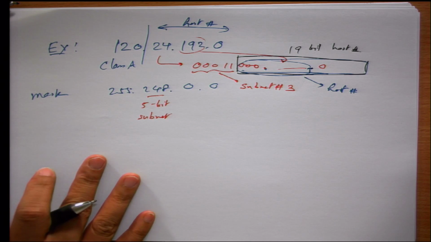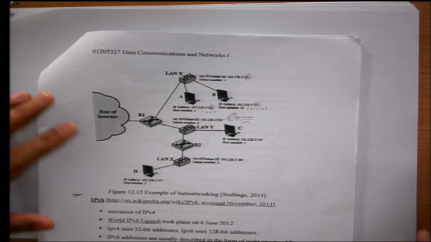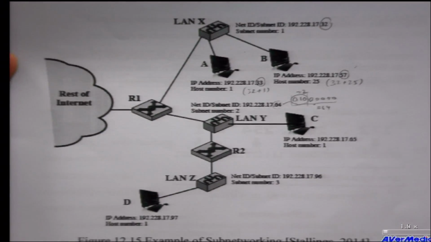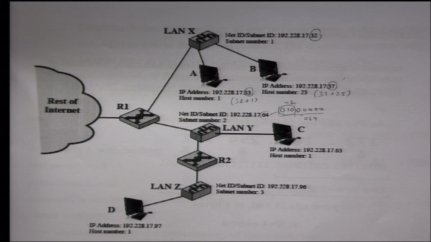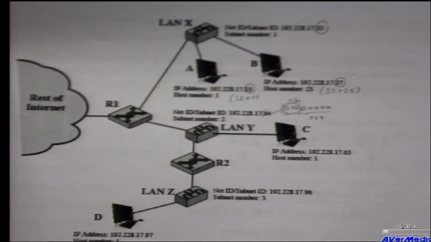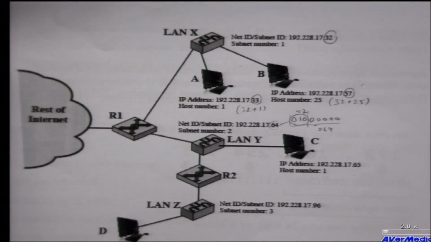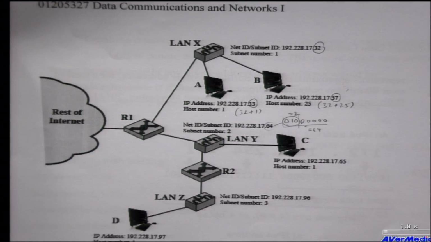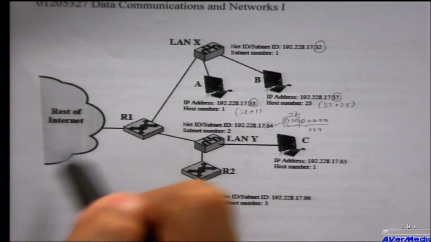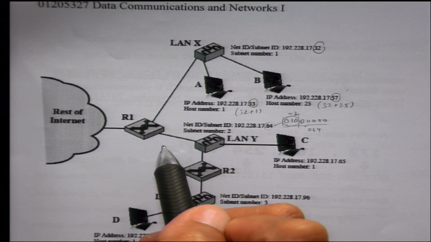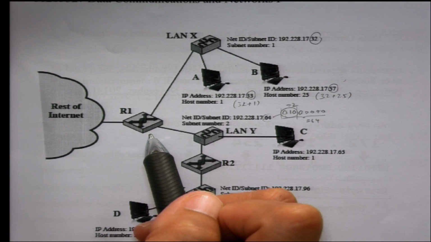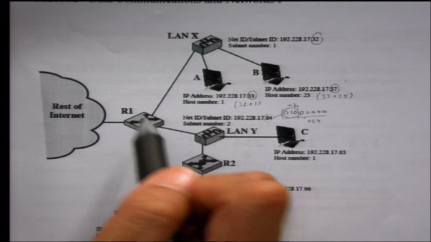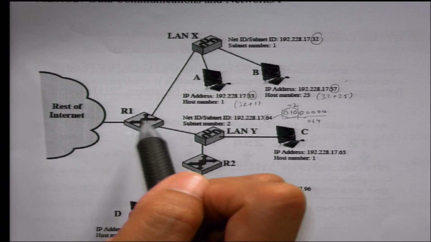Now we will look at another example. Okay, if you have something like this. So you have the rest of the internet sending the data, or the datagram, through, for example, เกษตรศาสตร์ University.